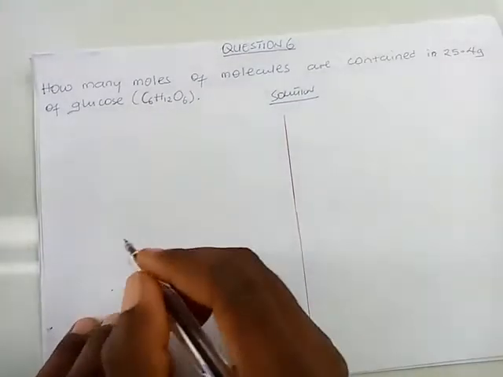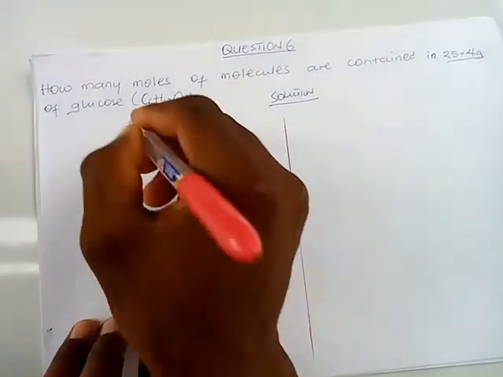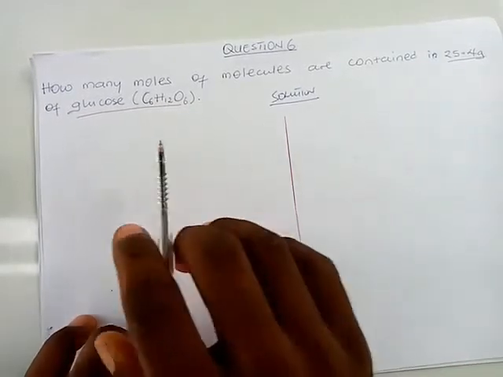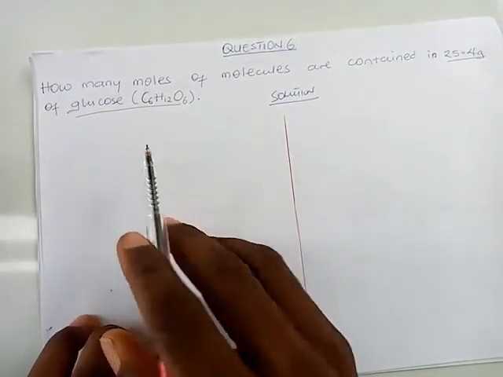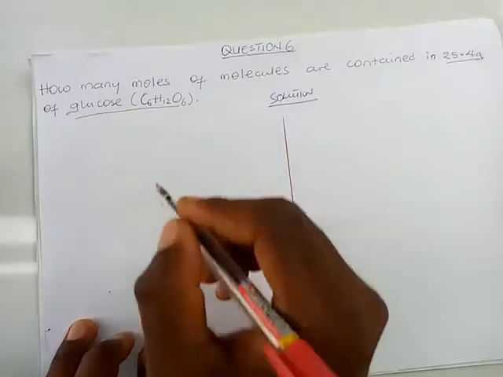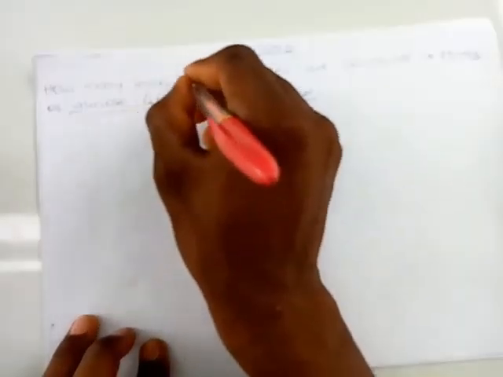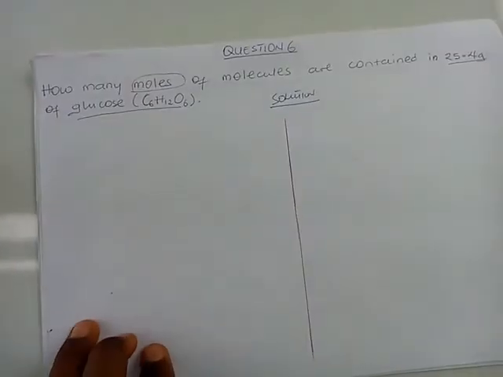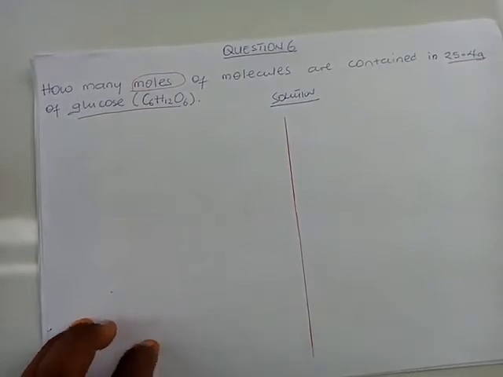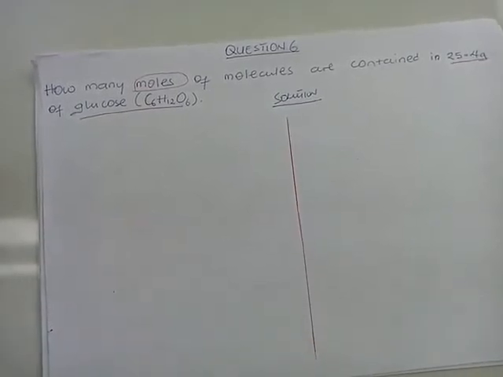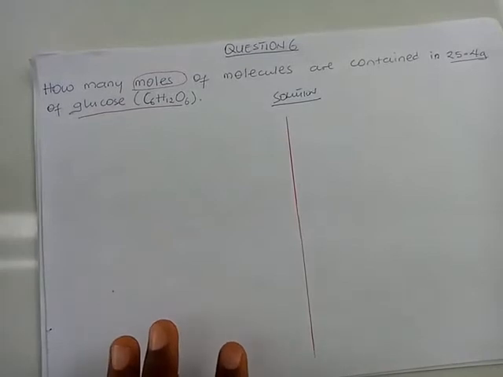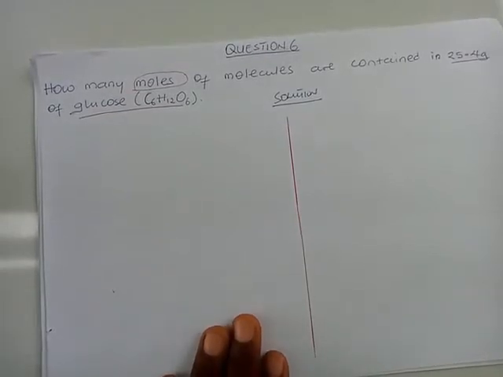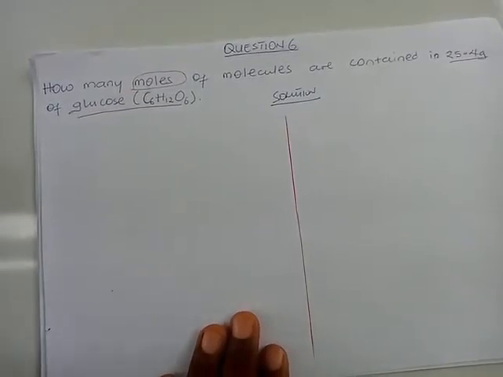We have already been given the mass of glucose, and the compound itself, and what are we expected to find? Moles, that's the number of moles of glucose. So the basic thing you need to do is to obtain the molar mass of this compound. And how do I go about that?